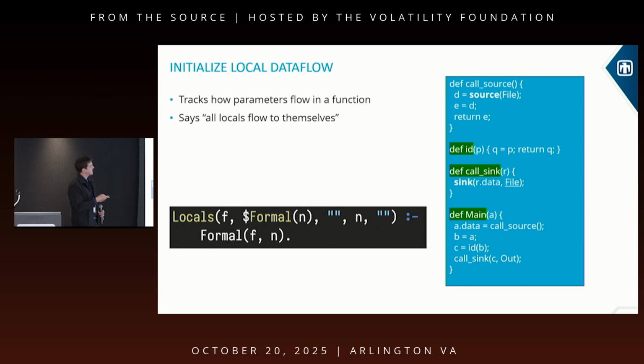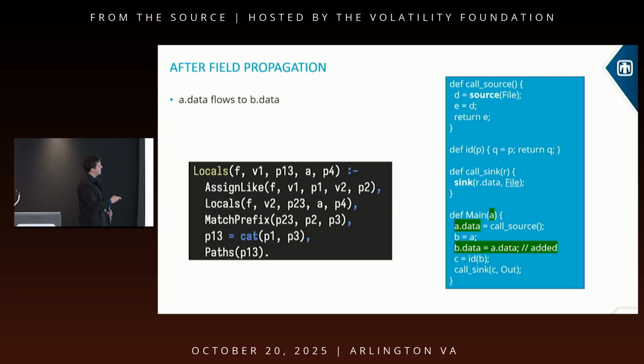We want to track data flows, right? So under the hood, we're going to build a little graph tracking the data flows. First of all, we just need to know what all the parameters are. All the variables in all of our functions flow to themselves. Very, very simple. The next thing that happens is fields.